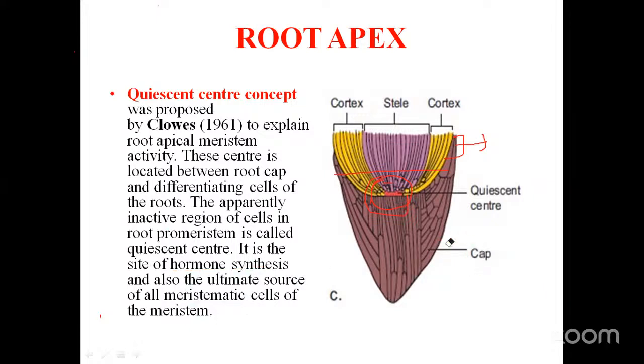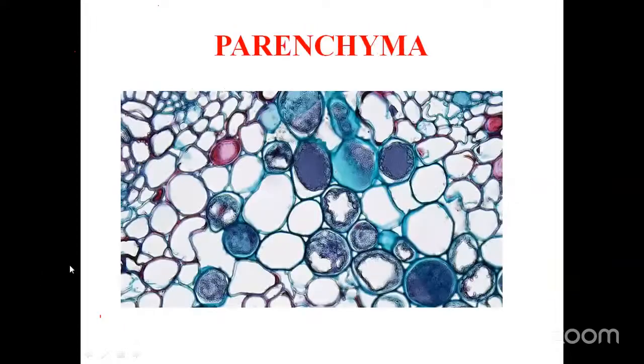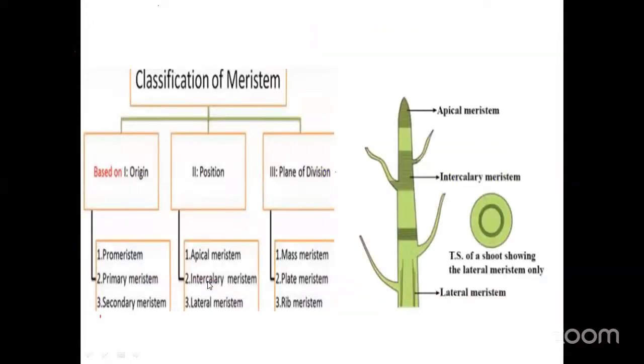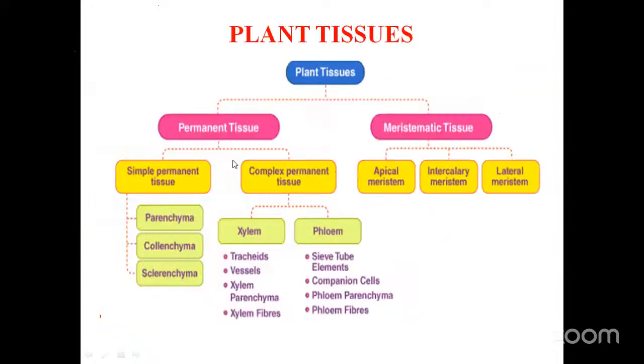It is a group of tissues that do not have the capability of division, and they are again classified, as I said earlier, into simple permanent tissue and complex permanent tissue. First, let me complete the simple permanent tissue.